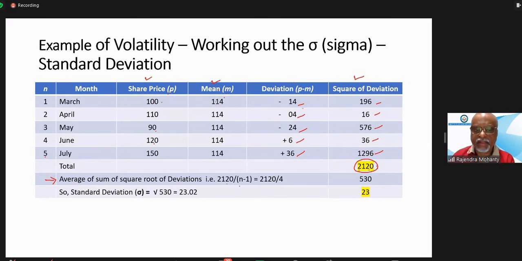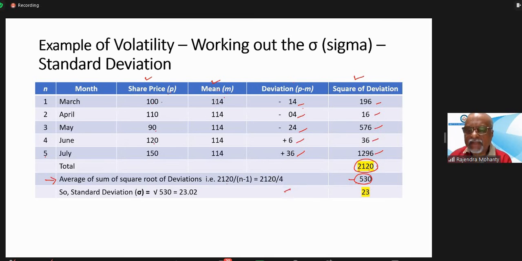It is not n. Normally the average is 2120 divided by n, or 2120 divided by 5. But here you have to divide it by n minus 1. So 2120 divided by 4 becomes 530. So this is the average of the square of deviations.